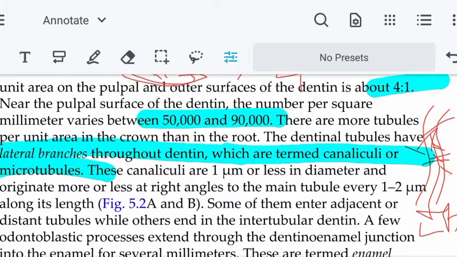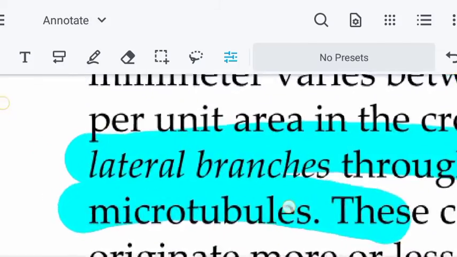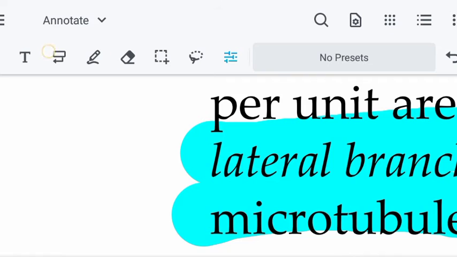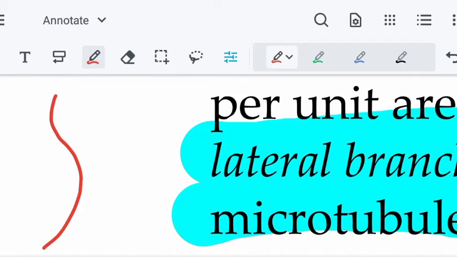I'll show you in this diagram. This is the dentinal tubule. These are the lateral branches, called canaliculi or microtubules.